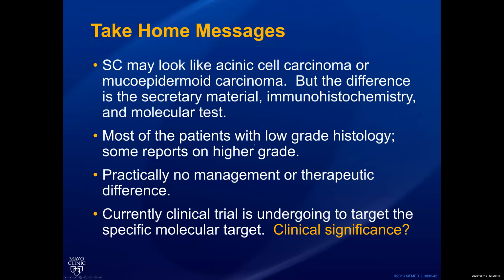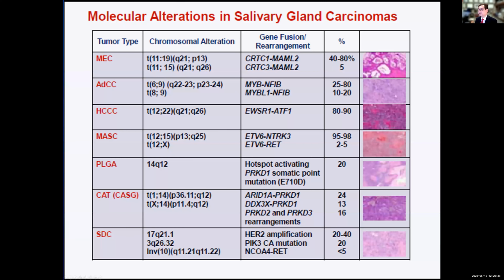Most of the patients are low grade, as we just mentioned, though some report high grade. For high grade secretory carcinoma, I feel the NTRK inhibitor probably will offer a valuable treatment. Currently, the clinical trial is still ongoing and targets the specific molecular target, so we have to understand the clinical significance on top of the genetic mutation.